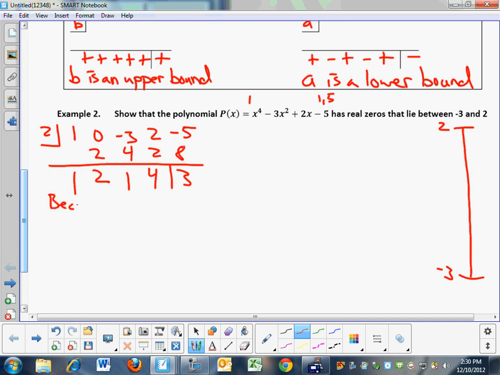Because all the coefficients are positive, 2 is an upper bound.